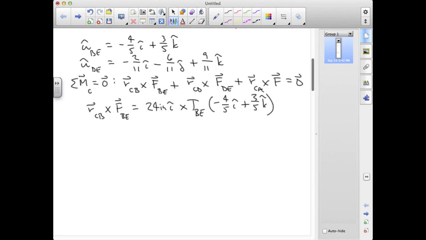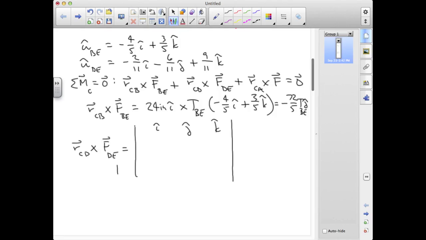I cross K is actually minus J, and so this ends up giving me minus 72/5 TBE in the J direction.